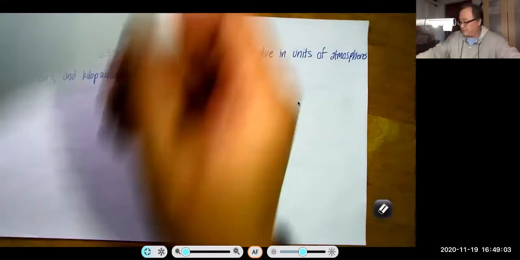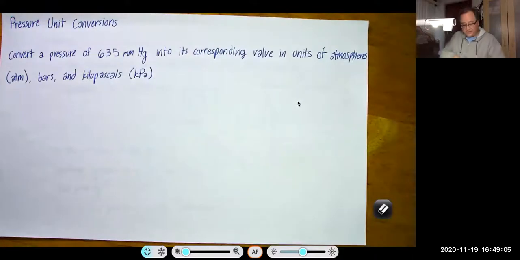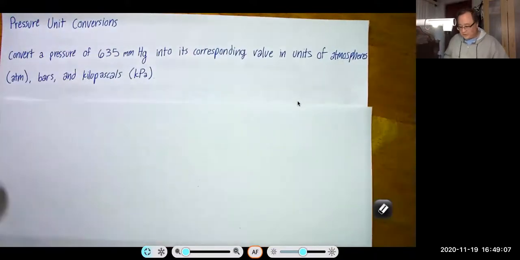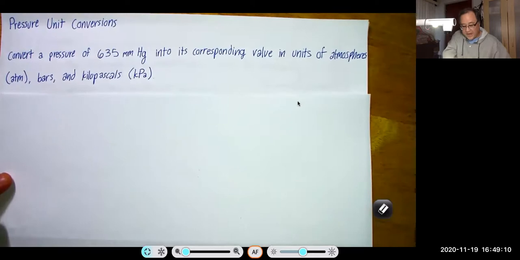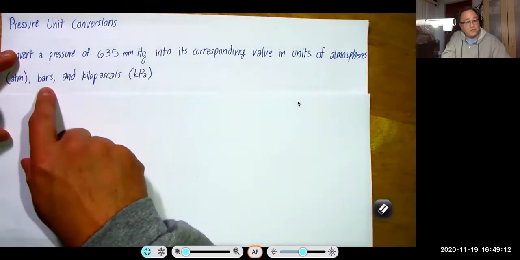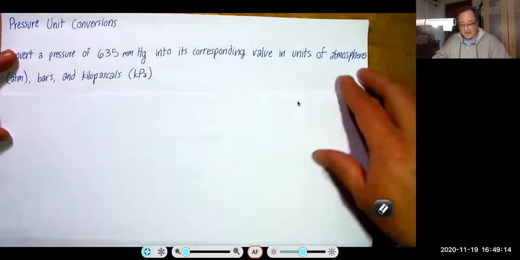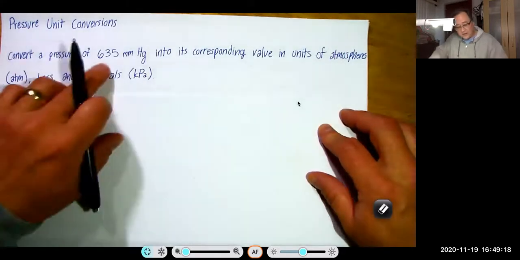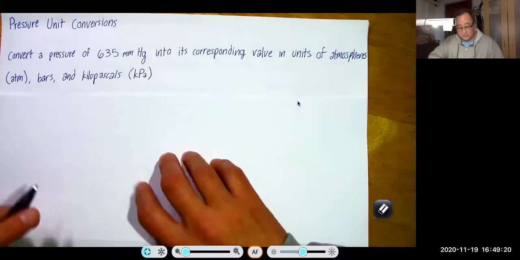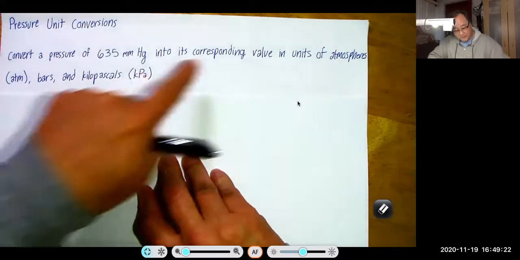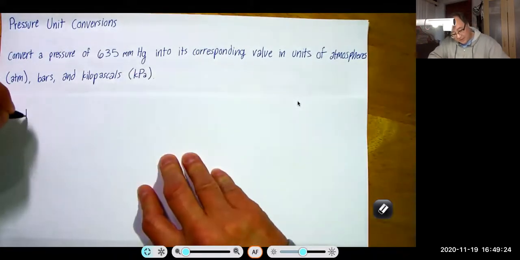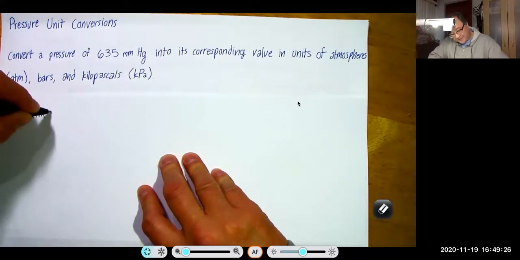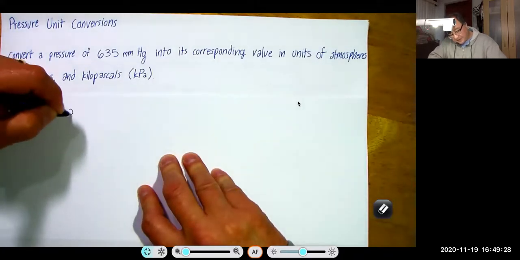So let's take a look at some pressure unit conversions. We're going to do this atmosphere thing. We're not going to do the bars. We're not going to do the kilopascals. Don't worry about that. So we want to convert a pressure of 635 millimeters of mercury to atmospheres. And we need to remember that 1 atmosphere is exactly 760 millimeters of mercury.